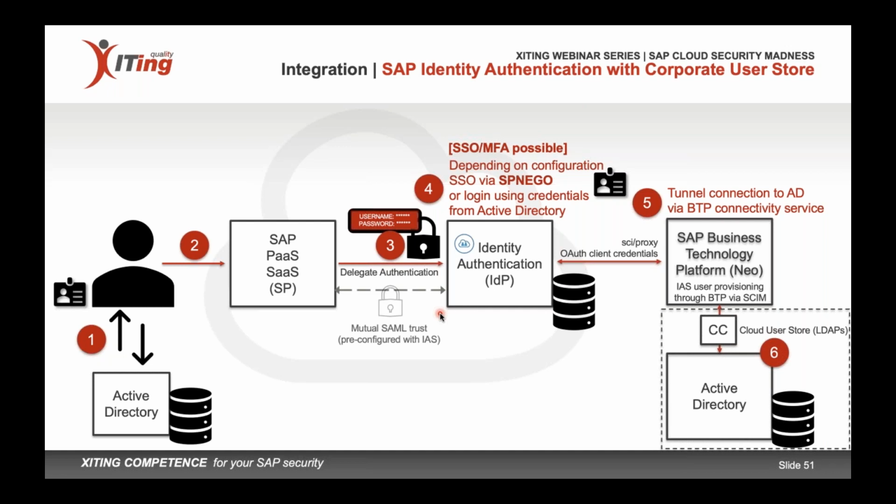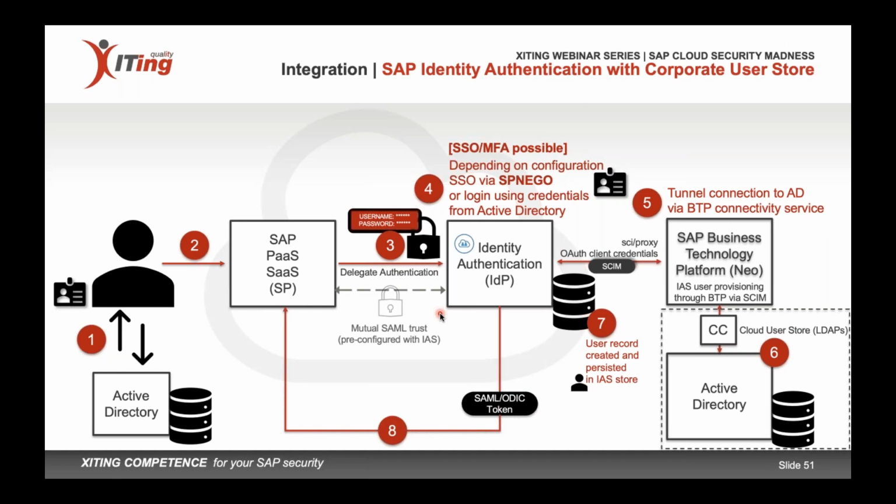It's an LDAP-S check, and technically once your credentials are successfully verified, your user account will be automatically provided in the identity authentication store using a SCIM protocol. But you don't have to take care about that. Everything happens automatically.